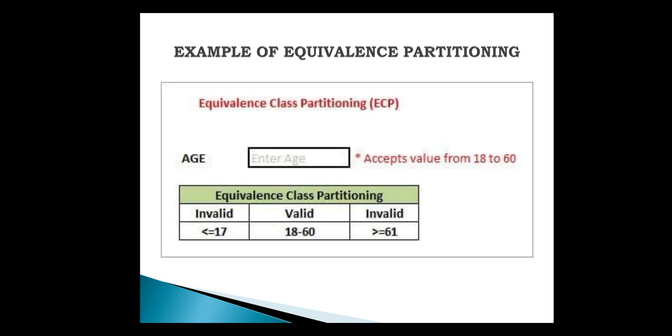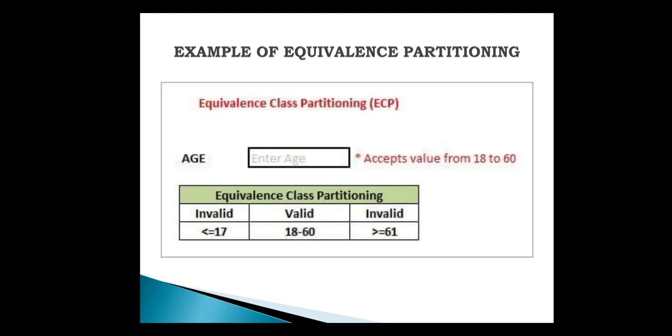It will iterate and test each individual input, so it will consume a lot of time. That's why we divide our test input into specific categories, or we can say equivalence classes.